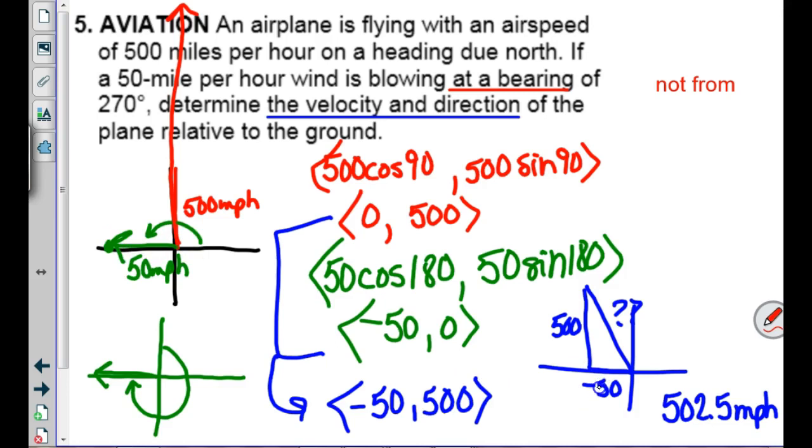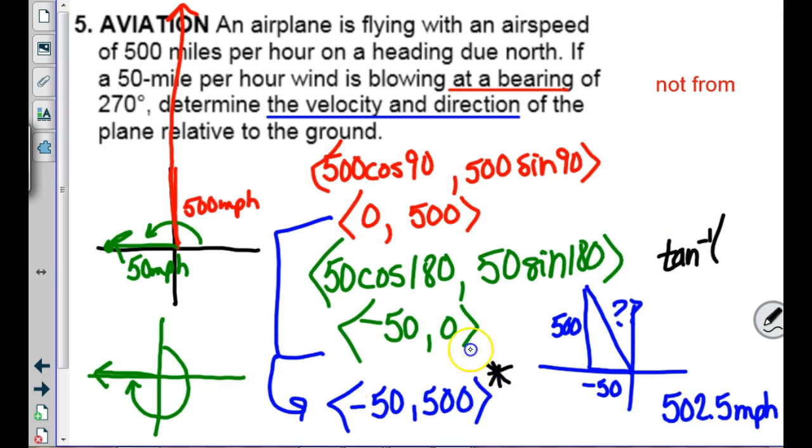All right, now we need to find some kind of an angle, and we need to decide if we're going to do a bearing. Yeah, let's go with a bearing because this question didn't have anything else. So if we do inverse tangent from our plane here, was it a plane?